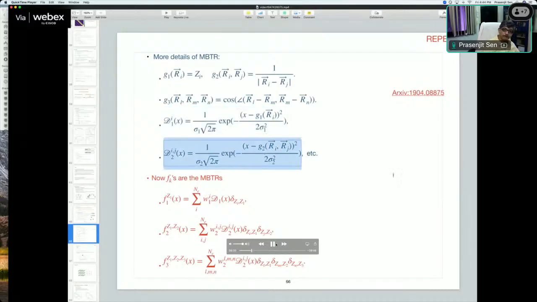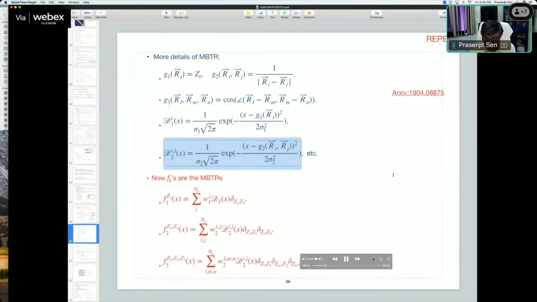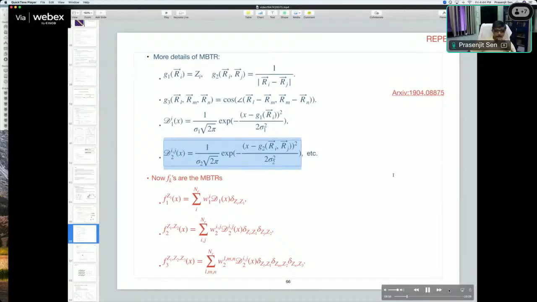Similarly, broaden G2 into a function D2, which is a function of x. And what is this x? It's an inverse distance. So you have to have some idea about the interatomic distances, and depending on that, the inverse of that will set the range of x that you can have in your system.